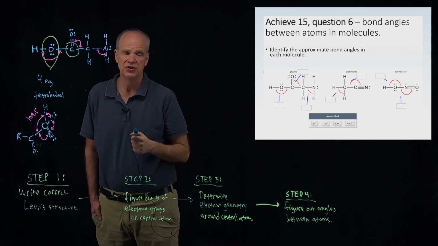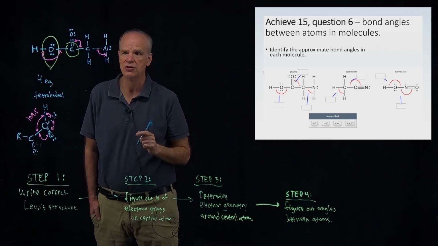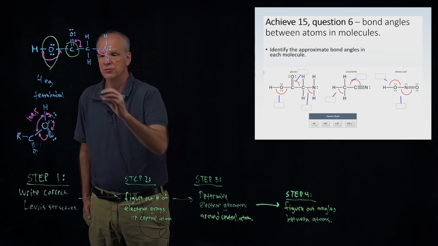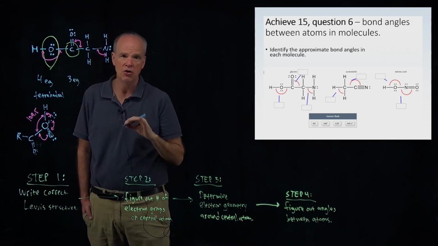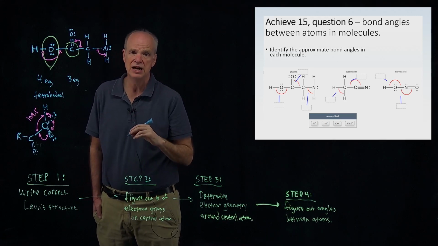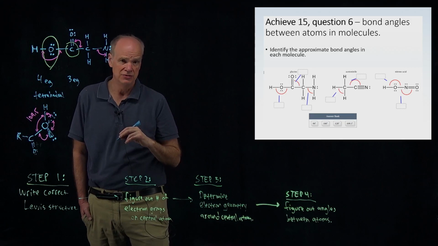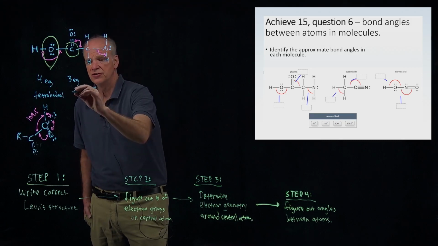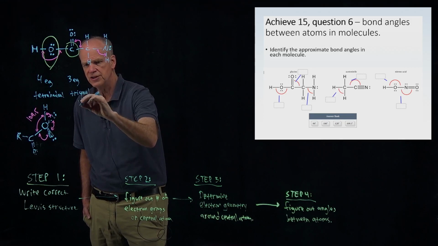The double bond is considered 1 bonding group. Carbon has no lone pair. So it looks like we have a total of 3 electron groups. I'm hoping you know that when you have 3 electron groups around a central atom, the electron geometry is trigonal planar. So this is going to be trigonal planar.